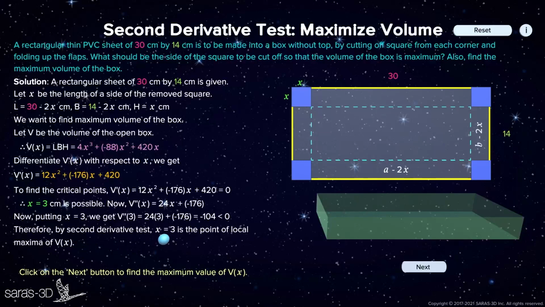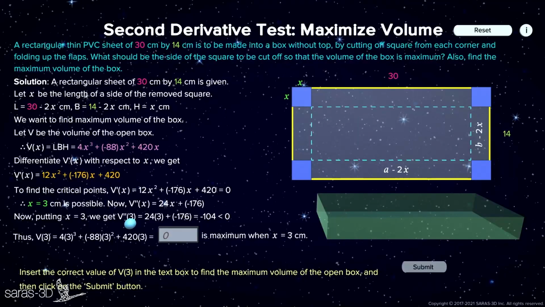That means we found the value of x, which here is equal to 3, which when we subtract the squares, we will get the maximum volume of the box. So now let us find out the value of the maximum volume of the box. So for that, let us substitute the value of x equal to 3 in this equation of volume, that is v of x.